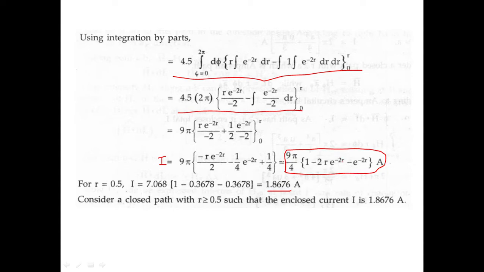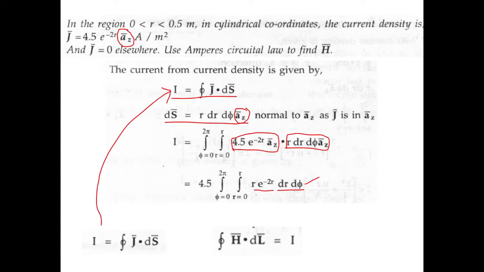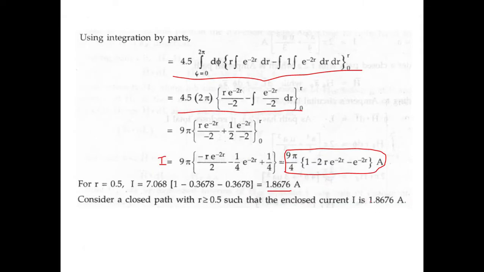Now, when I substitute R as 0.5, because here R ranges from 0 to 0.5, and I need the exterior surface of the cylinder. So when R is 0.5, I will be equal to 9 pi by 4, 1 is written as it is, and 2R e power minus 2R is this value.